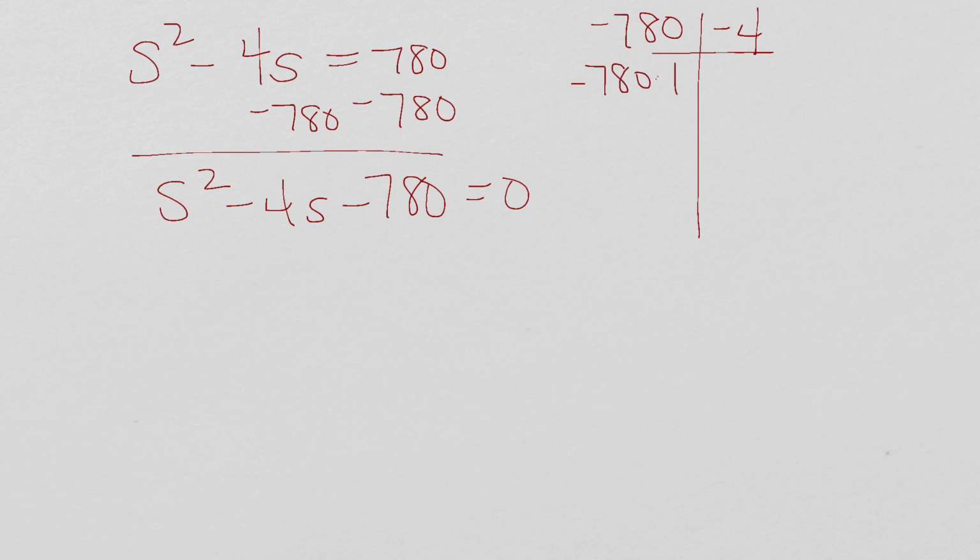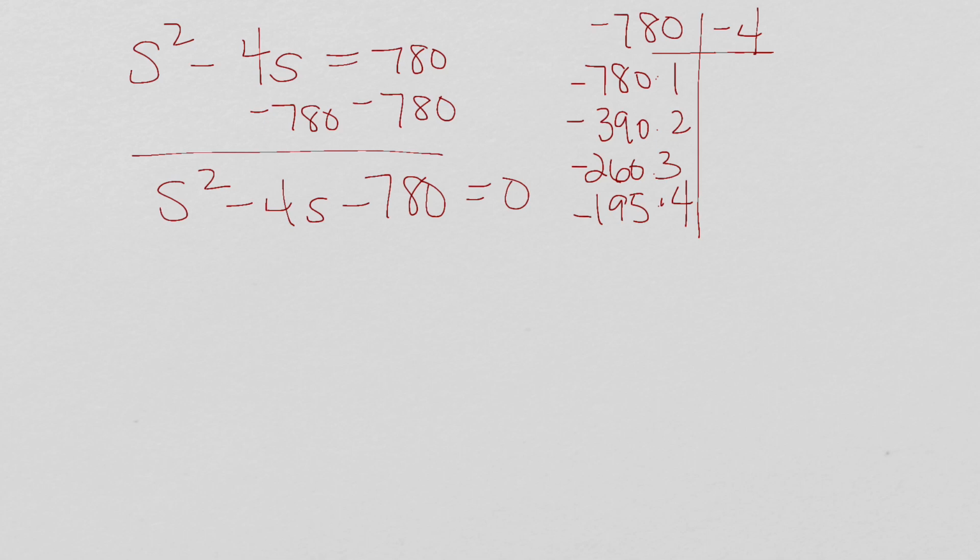You can take 780 and divide by 2. So that gives you negative 390 times 2. And 780 divided by 3 is 260, so negative 260 times 3. 780 divided by 4. And I'm just using a calculator and going through these. Negative 195 times 4.